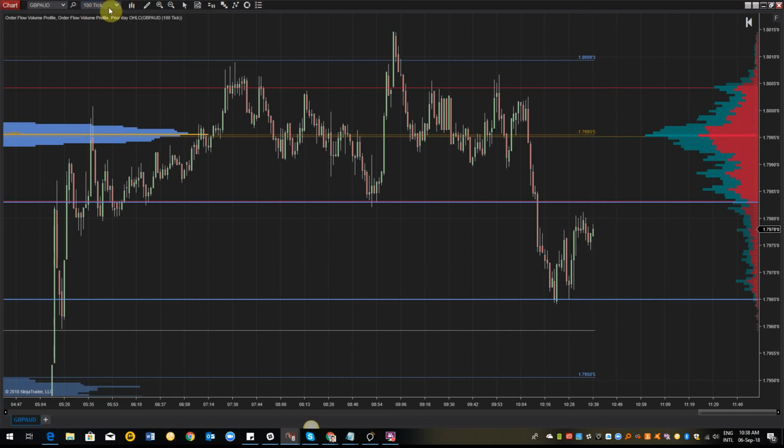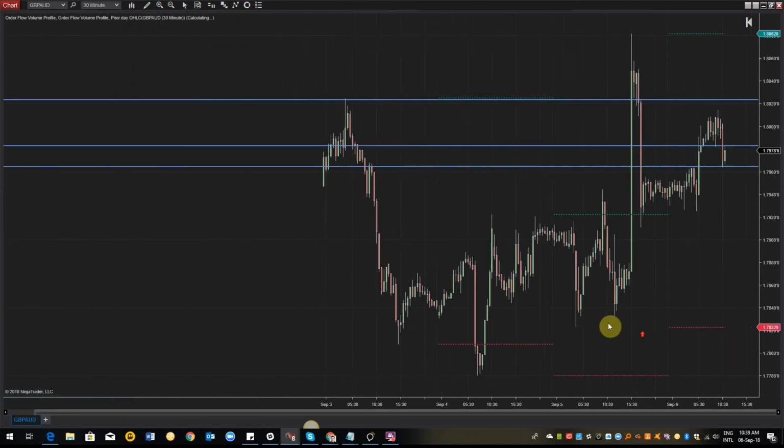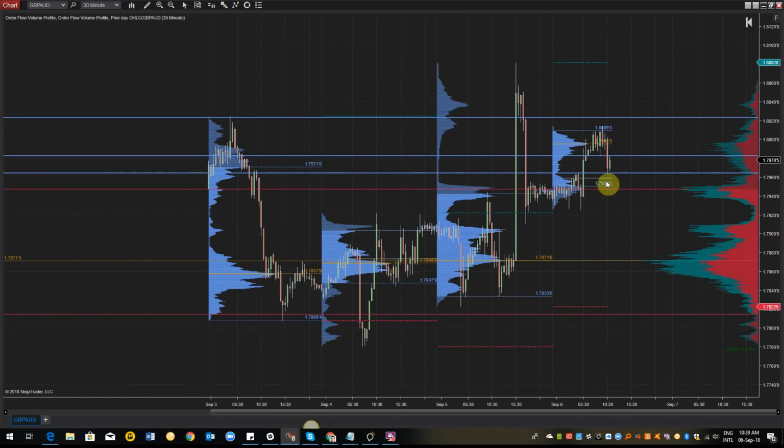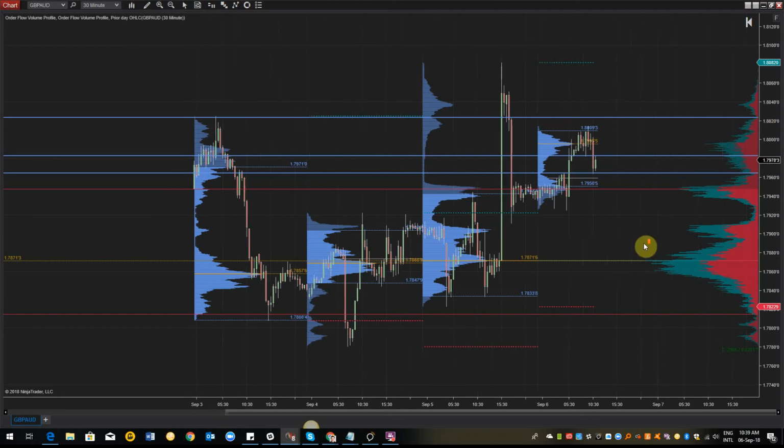And then what we're looking for, we'll go back up to the 30-minute time frame. So you can see this rejection off this point here. So we're just looking for this pop back up to this low volume area here.